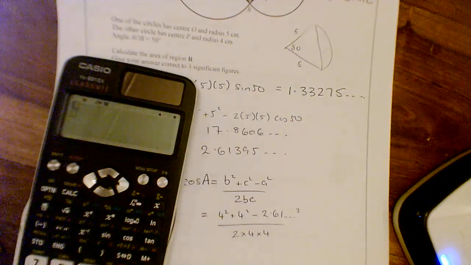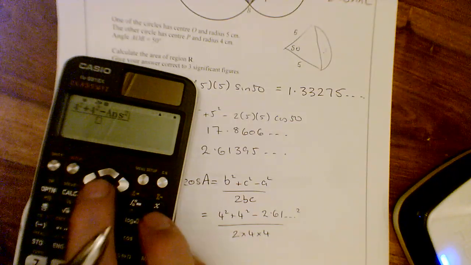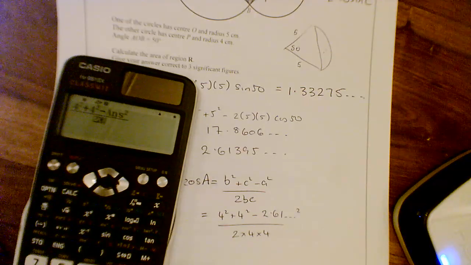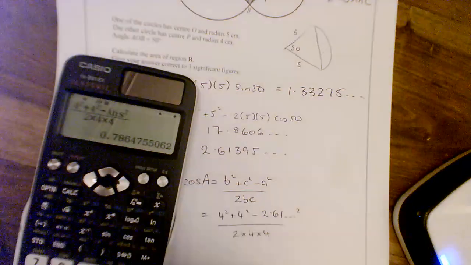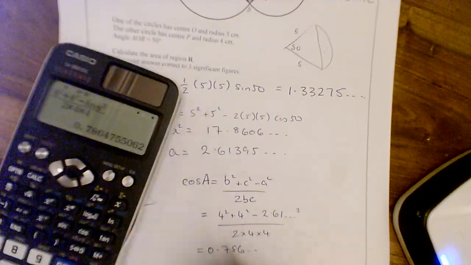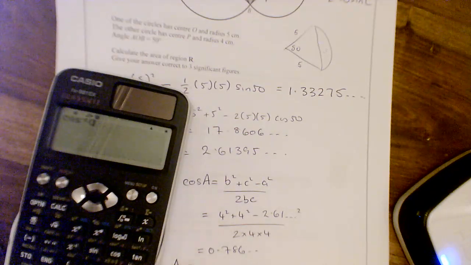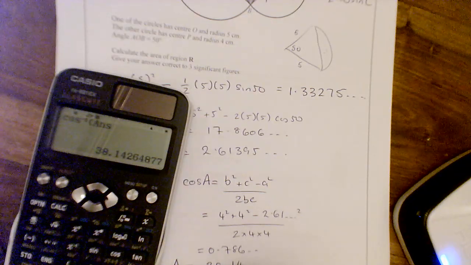On the calculator, we get 0.786 whatever, and then A is shift cos minus 1 of all of that. So A turned out to be 38.1426, going off forever for that one.